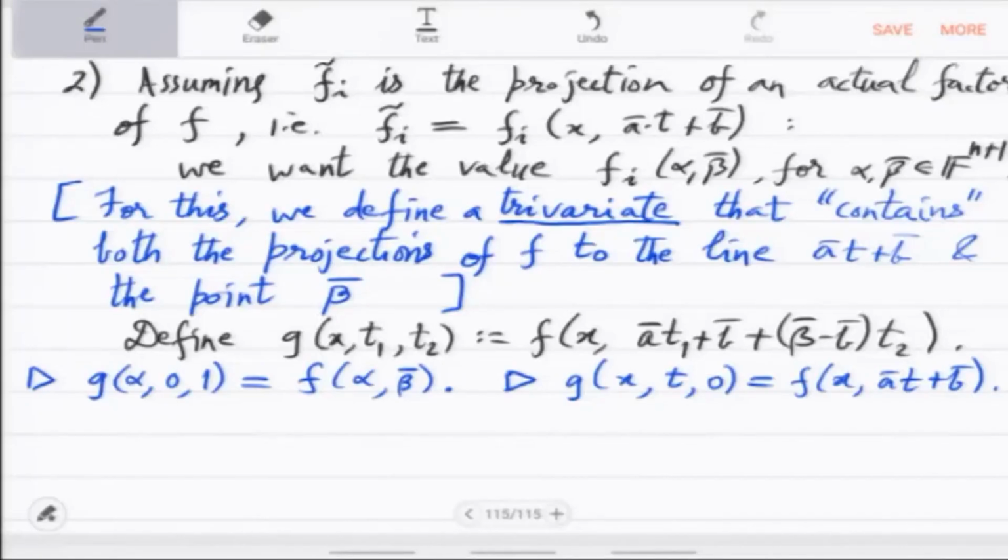So whatever were the irreducible factors of F, they are in one-to-one correspondence with those of the bivariate projection, which are in one-to-one correspondence with those of the trivariate projection. So we just have to factor G, okay, and we are done.